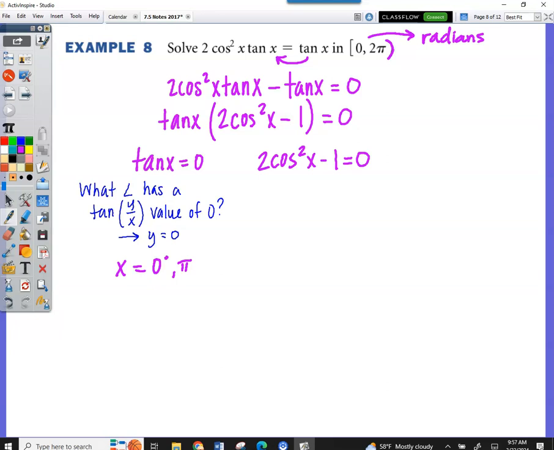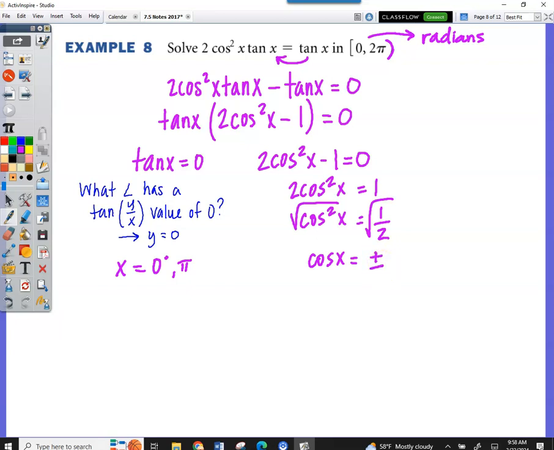Now this one I can't jump to yet. I gotta shift some stuff around. Add the 1, divide by the 2, square root. If I am square rooting, what do I write next? A square root. Square root 1 over square root 2. Positive, negative.